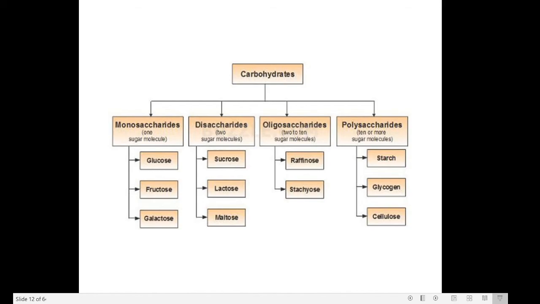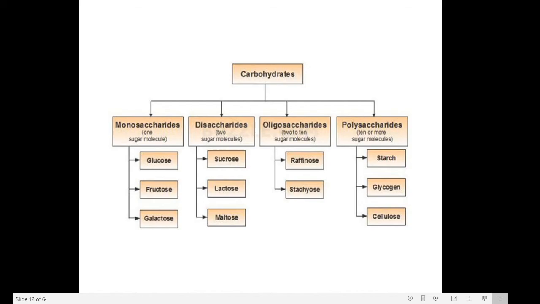Disaccharide has two sugar molecules in its structure, that is sucrose, lactose, maltose. These are formed by the addition of two monosaccharides. If two monosaccharides are present in one structure, it is classified as a disaccharide, called sucrose, lactose and maltose.